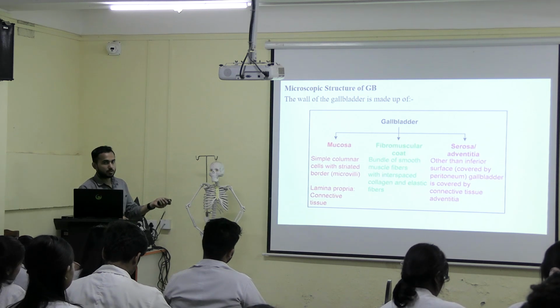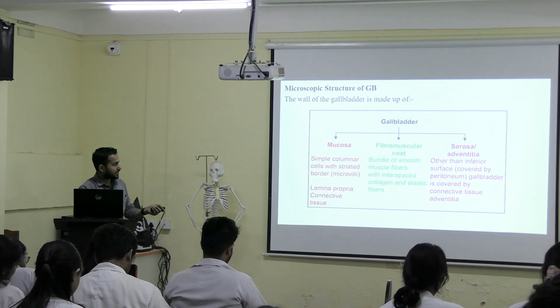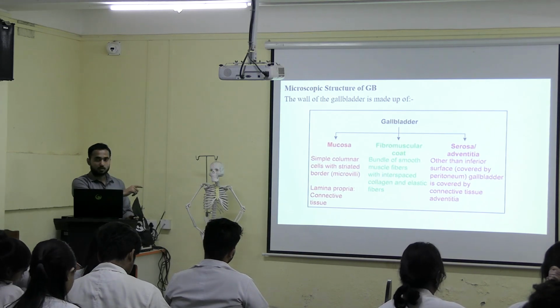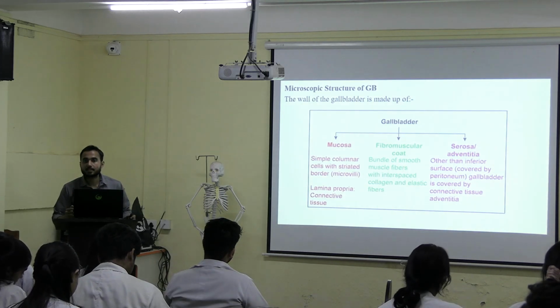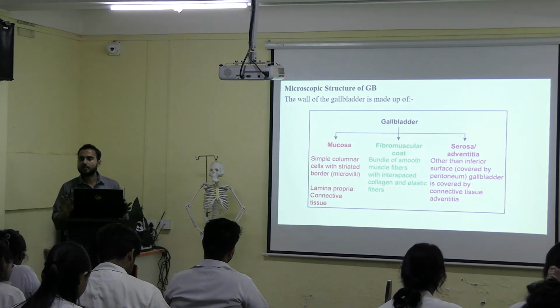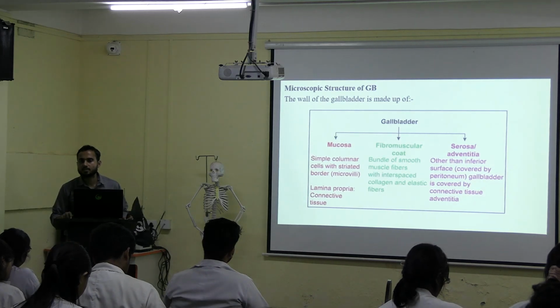Next, the fibromuscular coat. What is present in the fibromuscular coat? Bundles of smooth muscle fibers. Along with that, collagen fibers and elastic fibers are present. Here the arrangement of the smooth muscle cells is in an irregular fashion, with no definite pattern. What about the GIT? How are smooth muscle cells present?